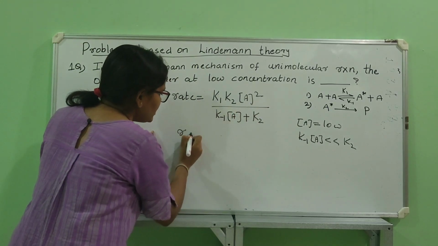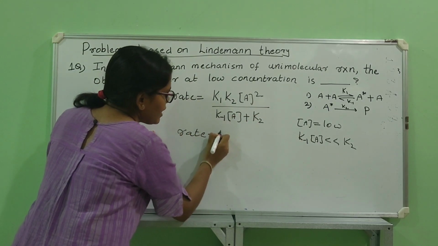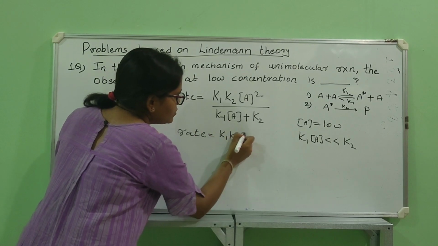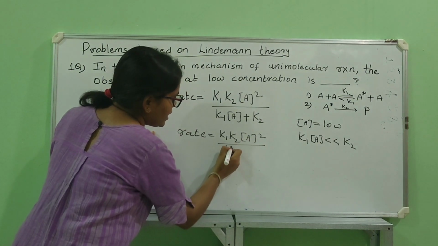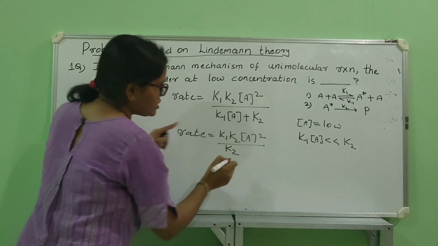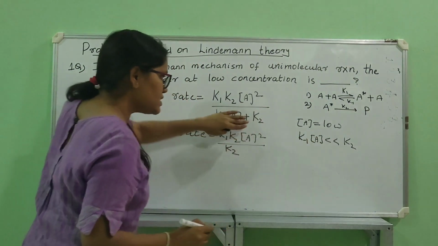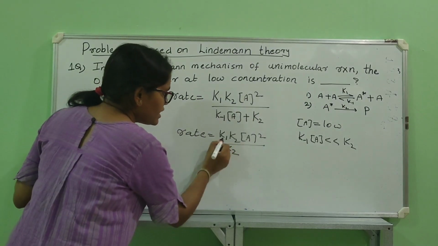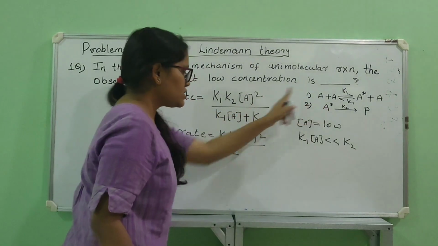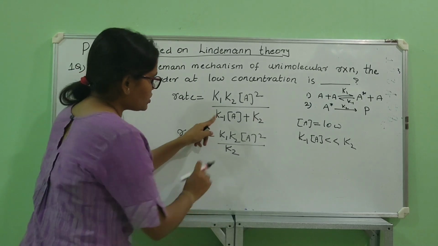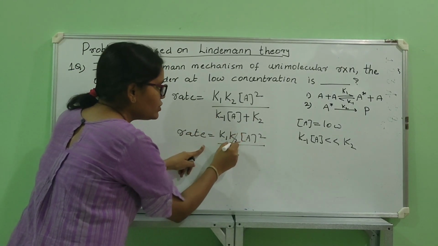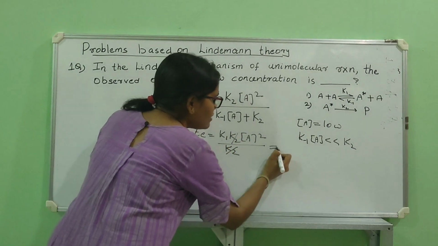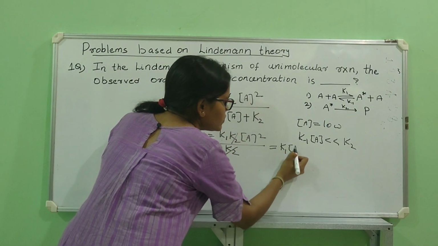So what will be the rate? So the rate will be given by K1, K2 into A square by K2, because K minus 1 A is neglected. So we know that K1 is a constant, K2 is a constant and, you can do one thing here, you can cancel K2. Now what you have is K1 into A square.